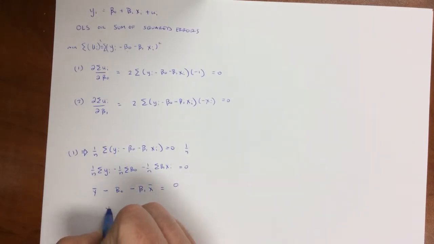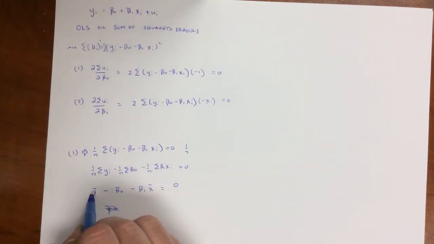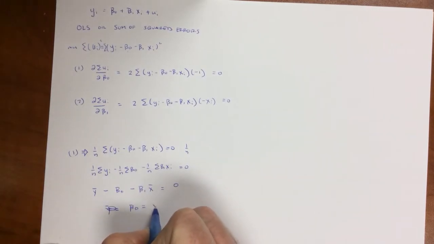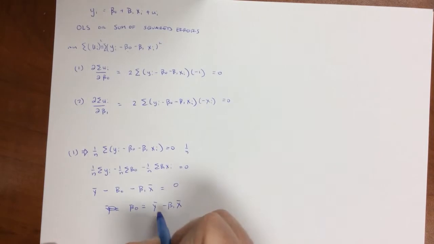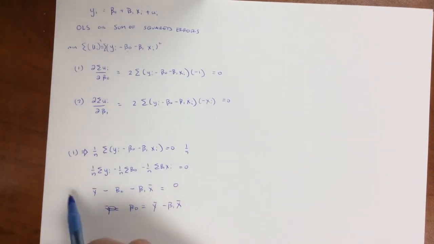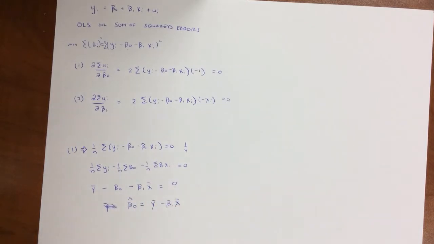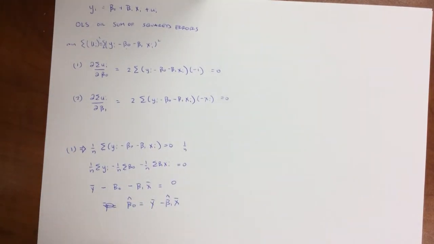So now let's solve for beta naught. Beta naught is equal to y bar minus beta 1 x bar. Because we're taking this derivative and estimating, this is actually the estimated beta naught hat, and this is the estimated beta 1 hat. So that's how we get that.